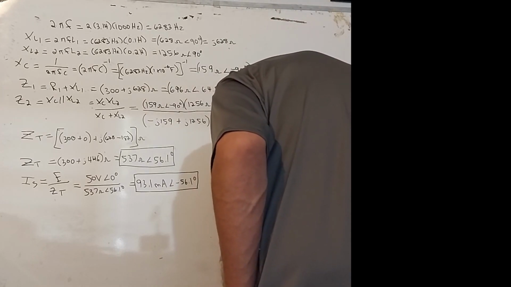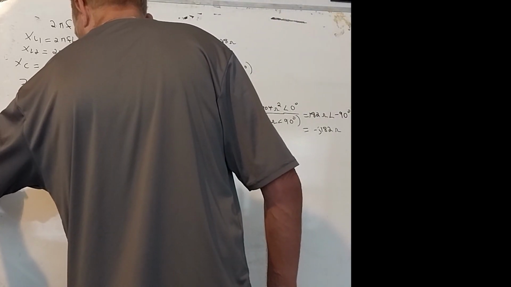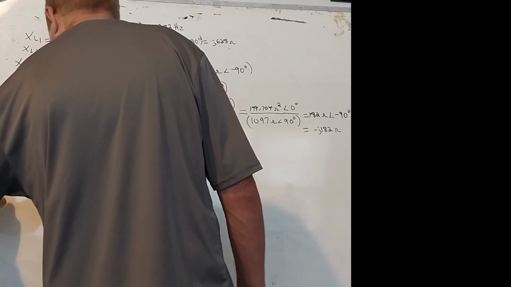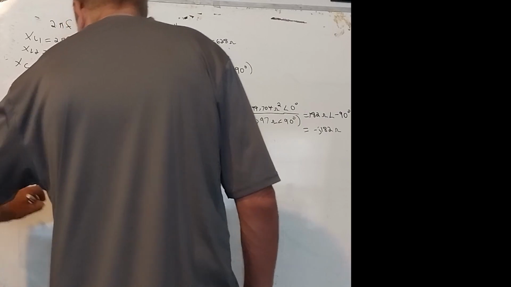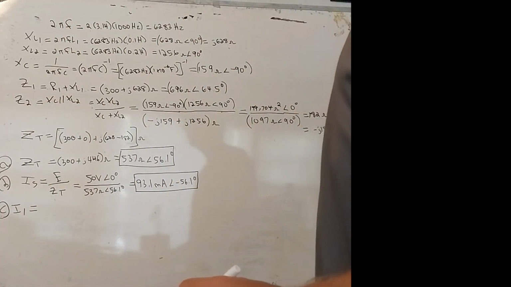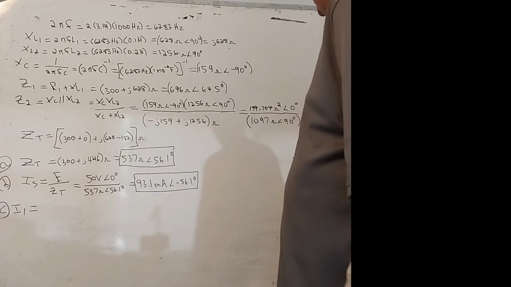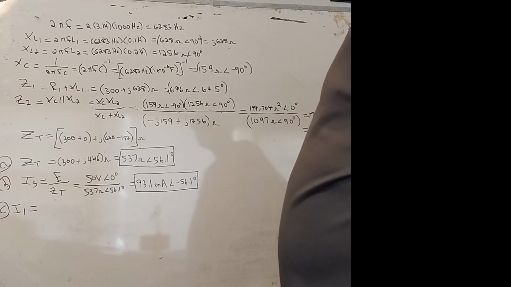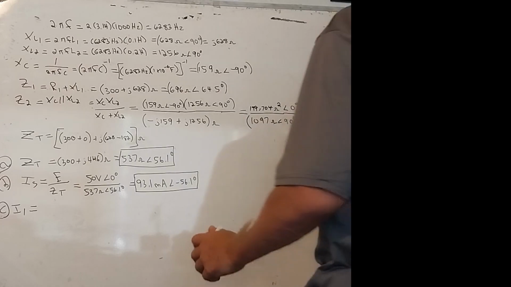All right, so this is A, this is B, and C is the current through I1 and I2. The current through I1 is going to be the current through the capacitive load. Since we know what the total voltage is across ZT, we could find the voltage across Z2 by using the voltage divider formula.